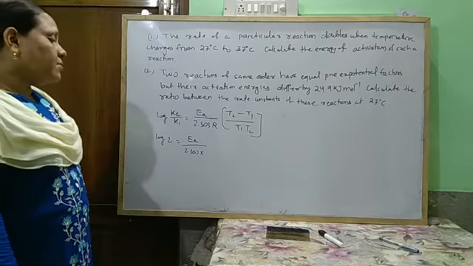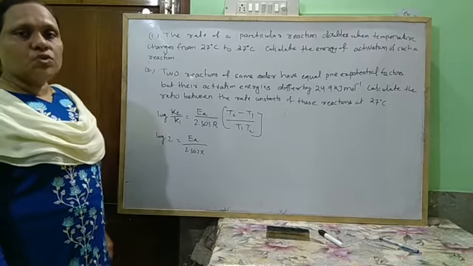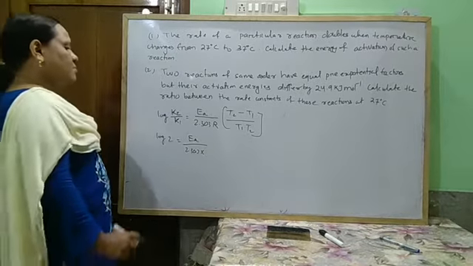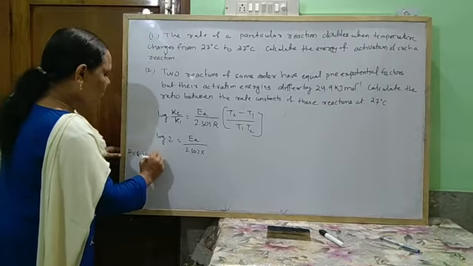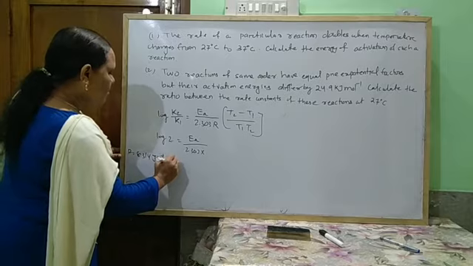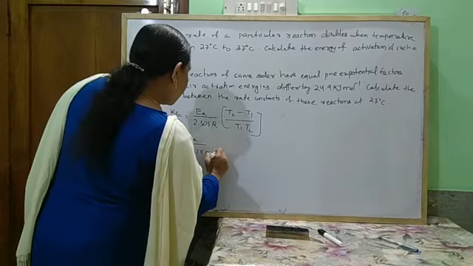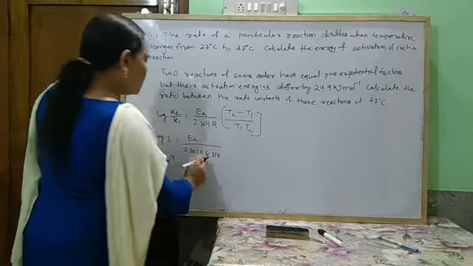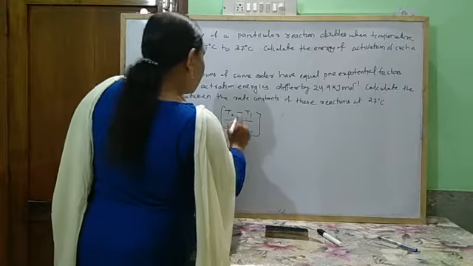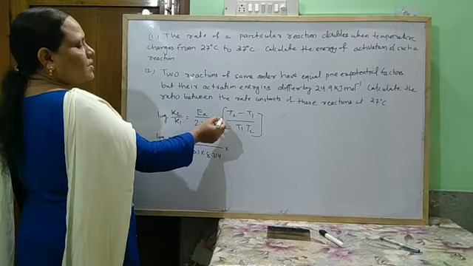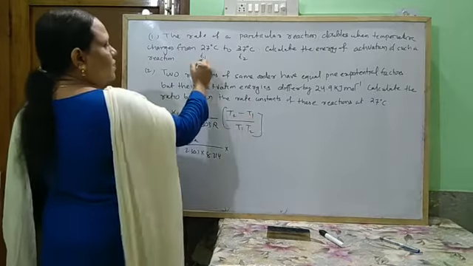You have to put the value of R, 8.314 joule Kelvin inverse mole inverse, keep it in mind, into T2 minus T1. This is the absolute temperature. This is your T1 and this is your T2. Just add 273.